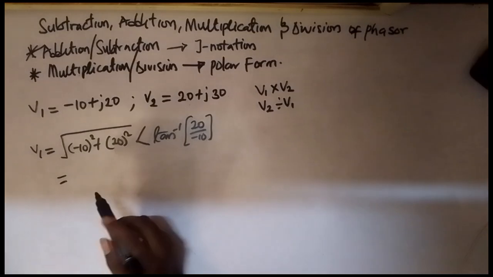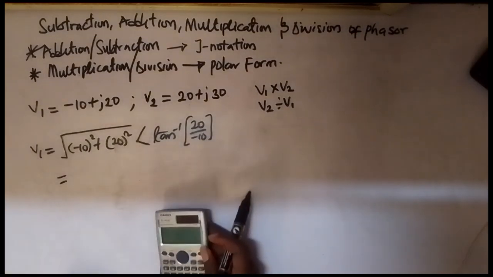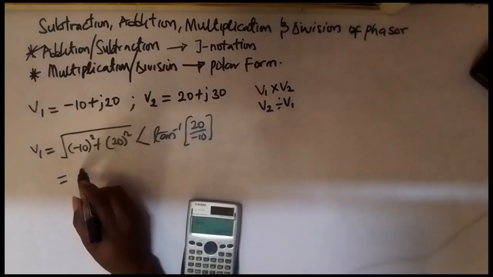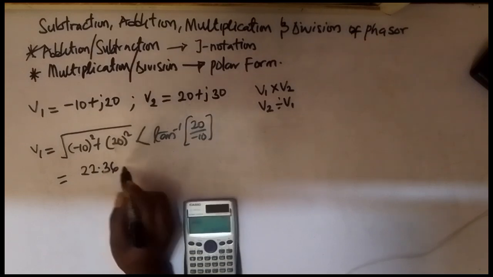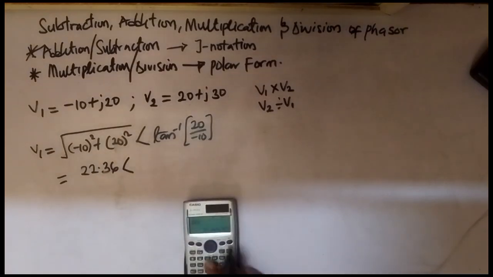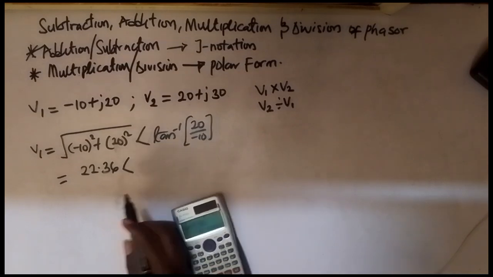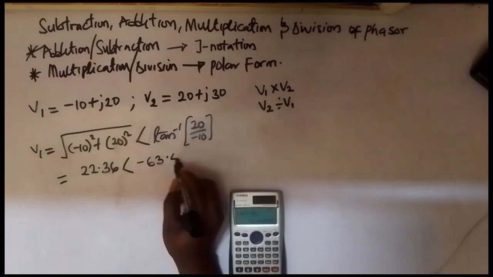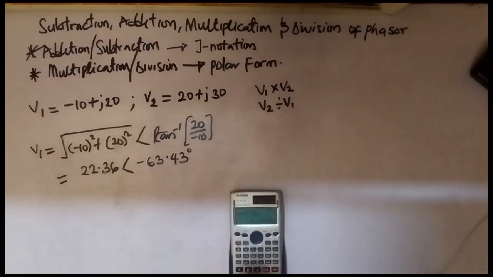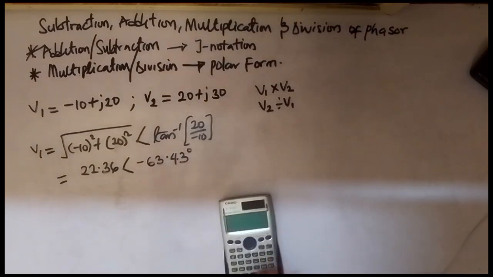And this we can actually compute using our calculator. This will give us 22.36 at an angle of, performing shift, minus 63.43. Okay, so we've done that conversion.